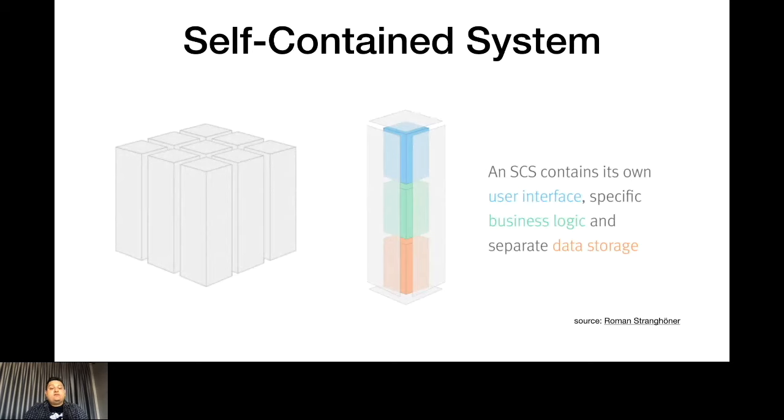Each SCS has its own data and logic. And the most important thing is that we are avoiding coupling on the business logic level wherever possible. What this approach gives us is really separated systems which combined together create our whole application.